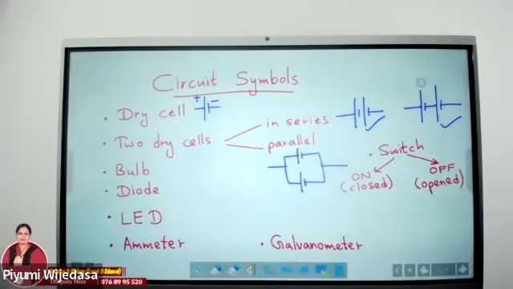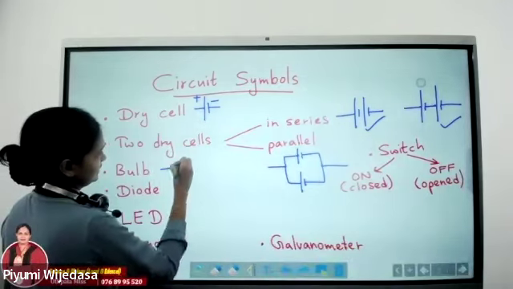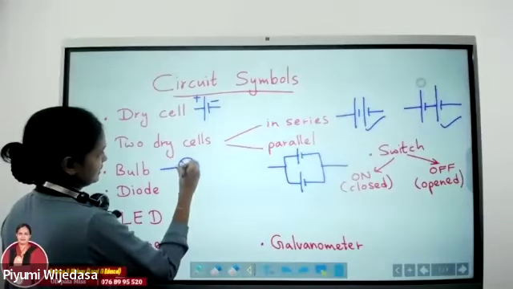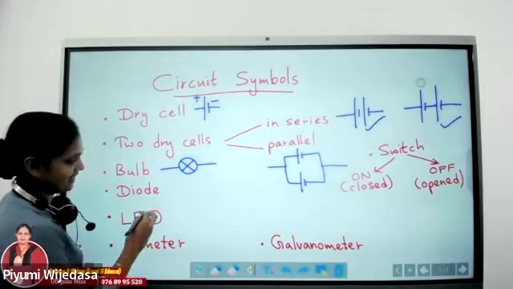Did you draw them? Then the bulb. It is something like this. Then the diode.